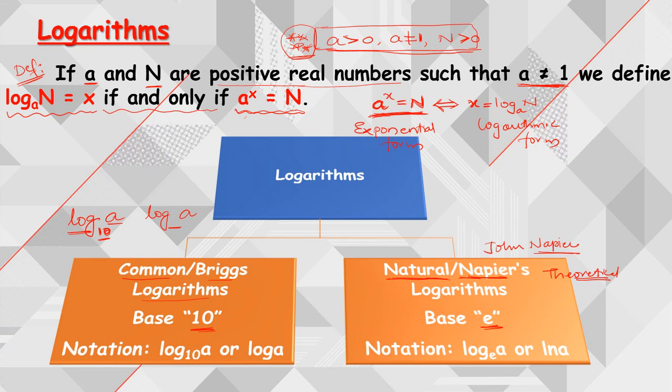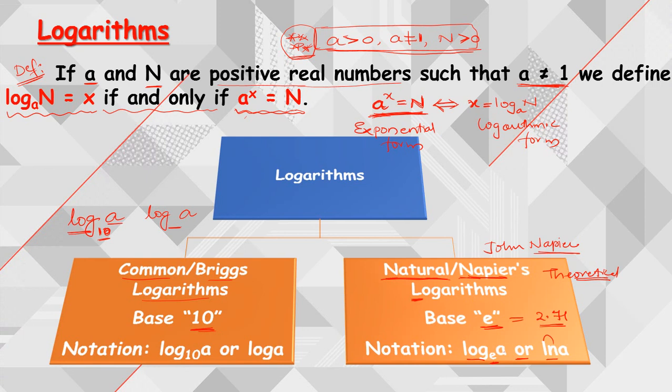Here the base is e, and this value of e is approximately 2.71. The notation for this is log a to the base e. Whenever you are having base e, you write log a to the base e, or simply ln a. ln means natural logarithm, the first letters n and l in reverse order.